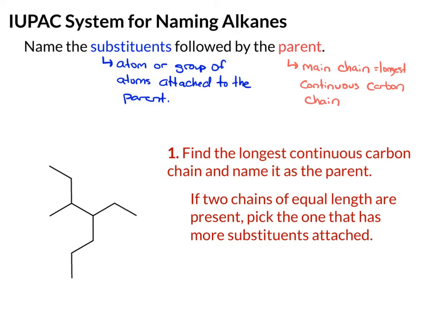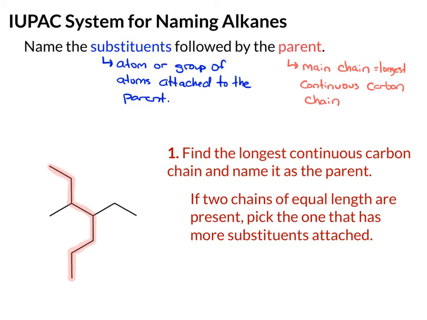So in this case, I can capture 2 carbons here to here, go to here, and then if I go up, I only grab 2 more carbons, but if I go down, I can grab 3 more carbons. So that's my longest chain, that's the parent.